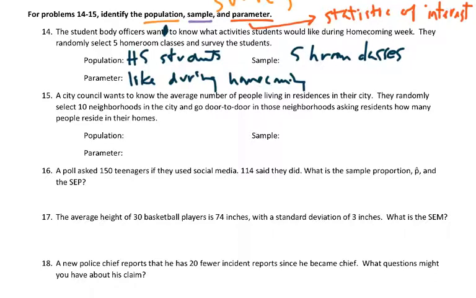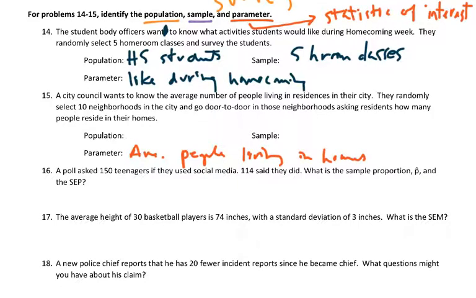So number 15, a city council wants to know the average number of people living in residences in their city. They randomly select 10 neighborhoods in the city and go door to door in those neighborhoods asking residents how many people reside in their homes. Okay, so we want to know the average number of people living in homes, right? That's our parameter of interest.